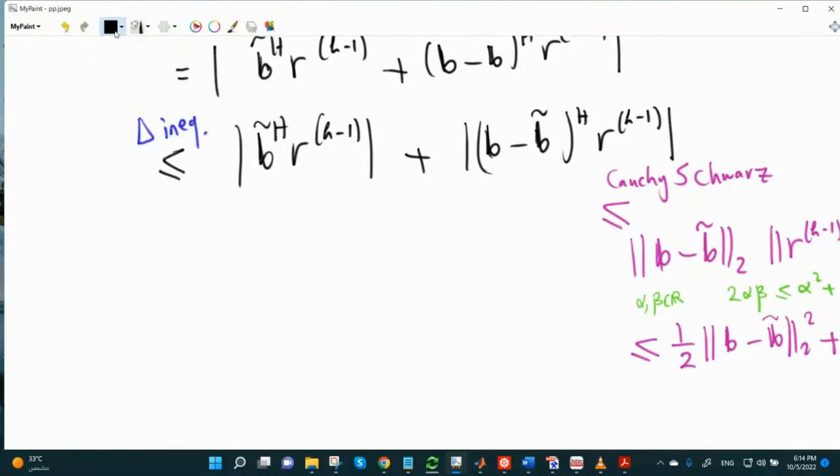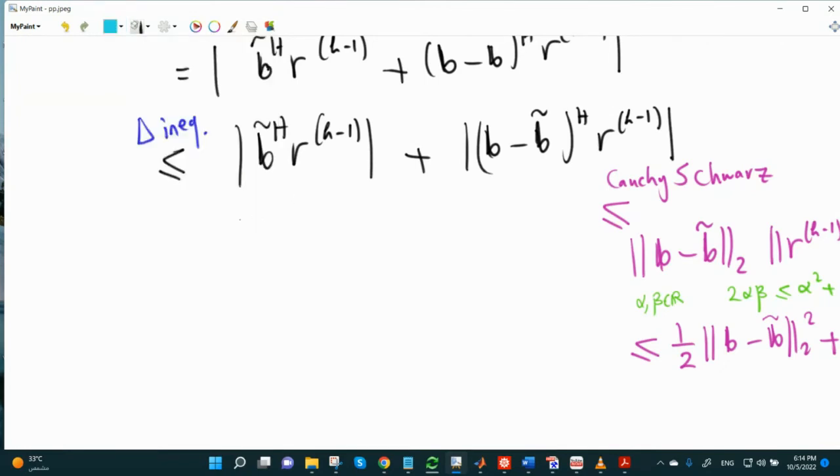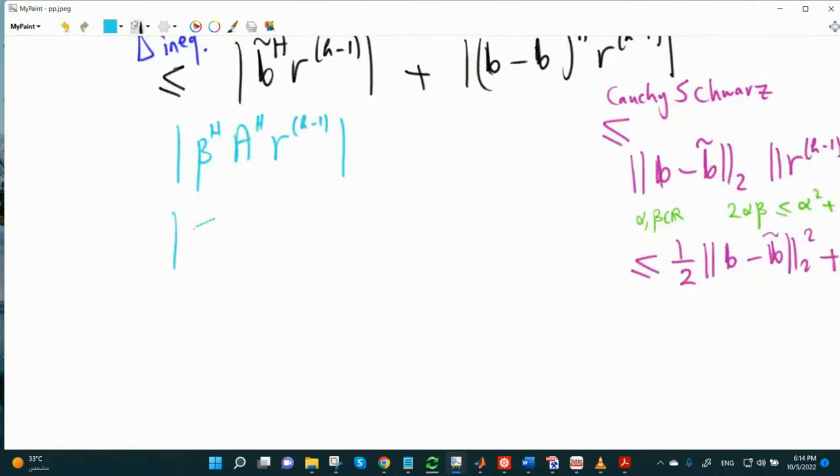So for this one, we can write this as beta Hermitian, A Hermitian, R_{k-1}. Now this is a summation j from 1 to m. Remember that A is of size n by m, so A Hermitian is of size m by n. And so this is beta_j, so the jth component in this vector is multiplied by the jth component in this vector.